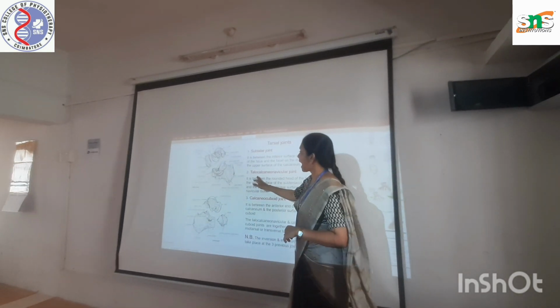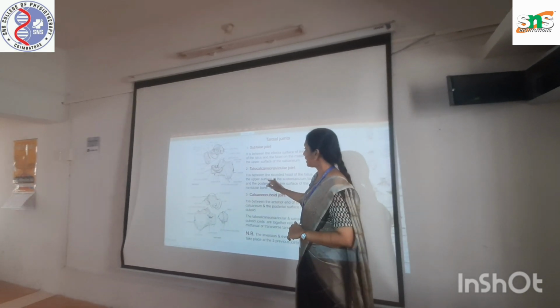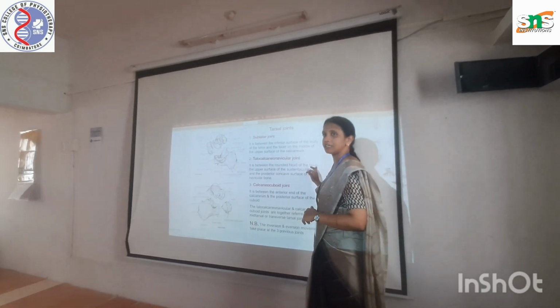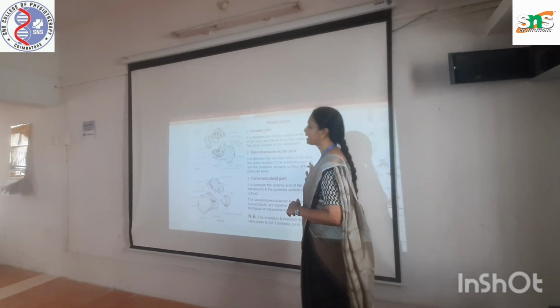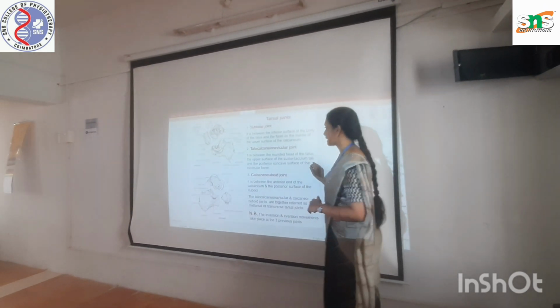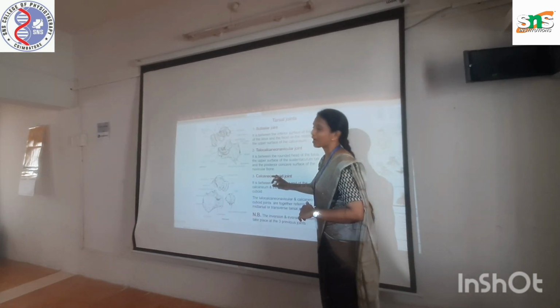The next is talocalcaneonavicular joint. It is between the rounded head of the talus, and the upper surface of the sustentaculum tali and the posterior concave surface of the navicular bone.